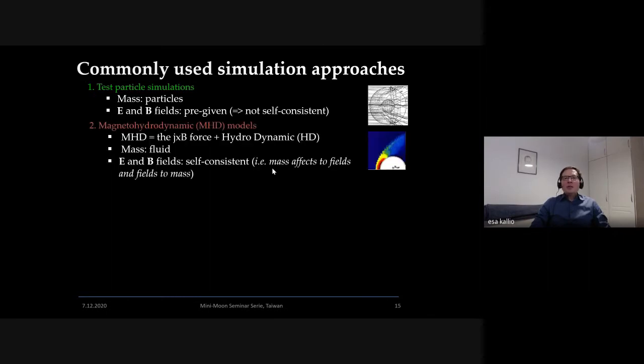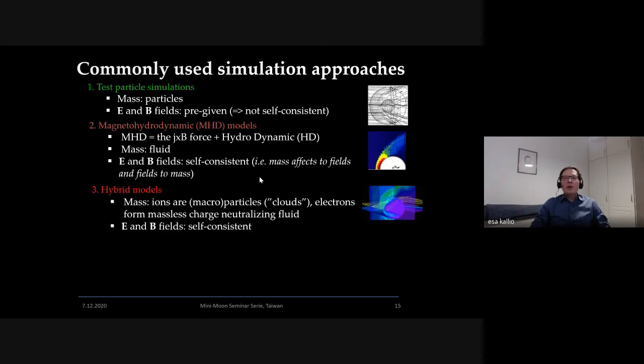If you want to have a self-consistent model, say the magnetohydrodynamic model is. So it's a hydrodynamic model plus J cross B force. Then the mass is treated as a fluid. And there are many different kinds of MHD, ideal, non-ideal, Hall, non-Hall MHD. But anyway, it's a self-consistent model. But then there are hybrid models, where the ions are macroparticles.